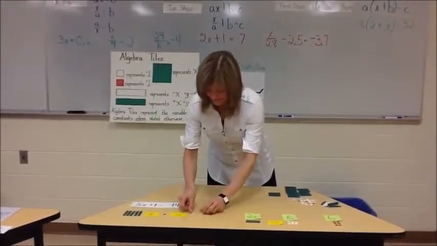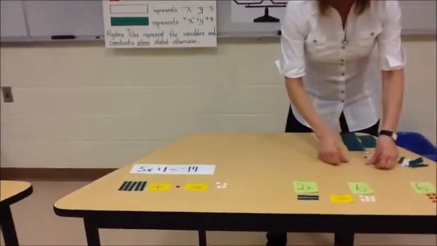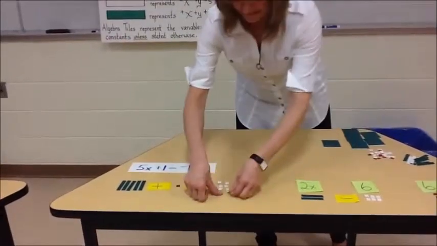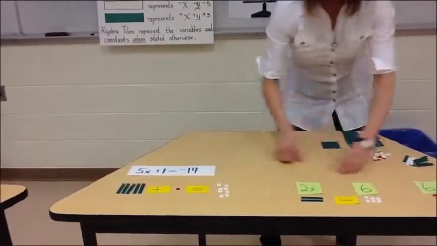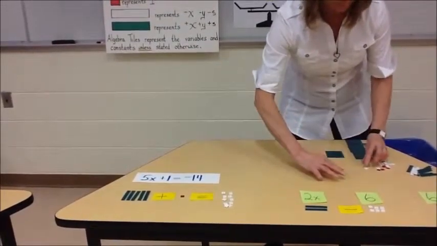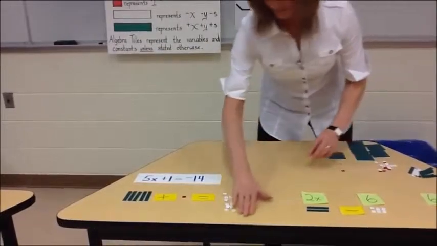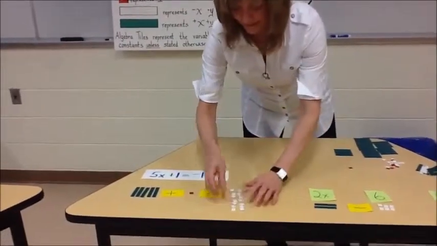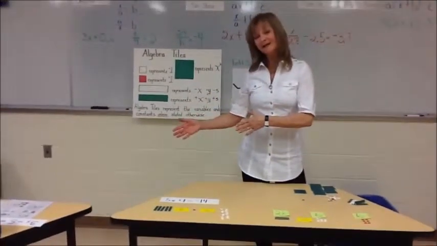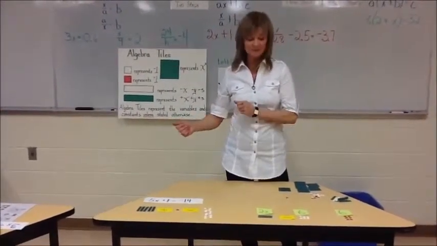So you have 1, 2, 3, 4, 5, 6, 7, 8, 9, 10, 11, 12, 13, 14. So now you've taken a mathematical representation of a linear equation and created an algebraic model.